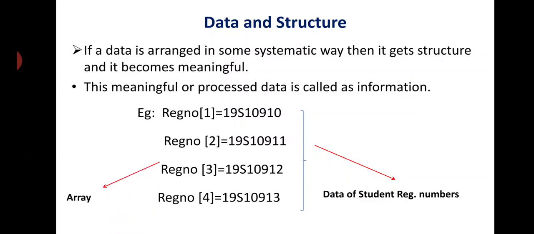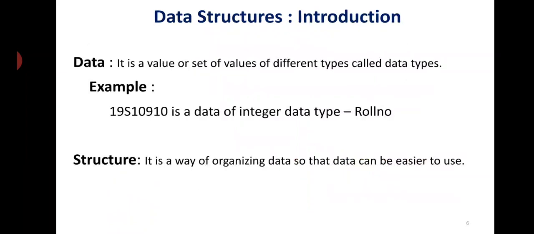Okay. You understood what is data? I have represented this data, registration numbers, in a structure called an array. Okay, so this is what data and structure. So what is data? It is a value or set of values of different types called data types. Example, the registration number.